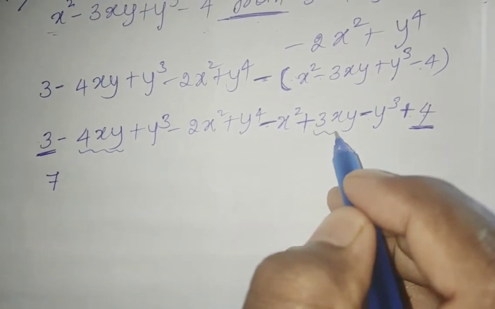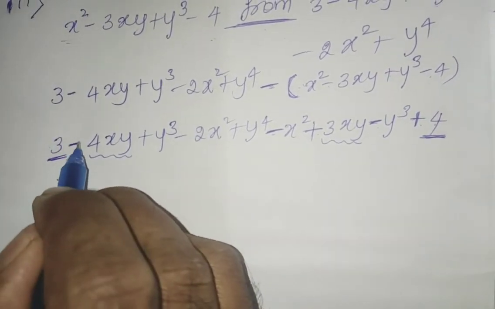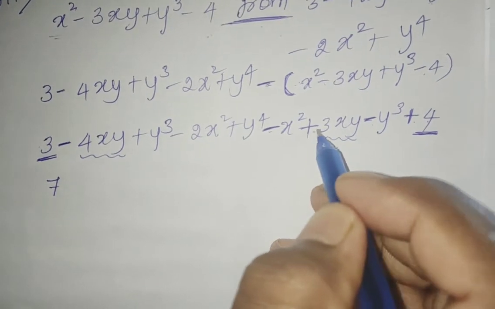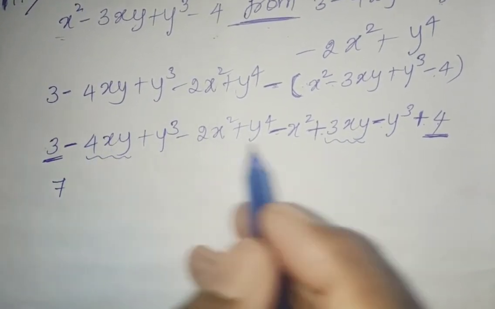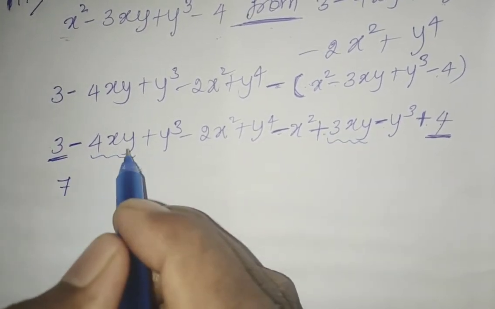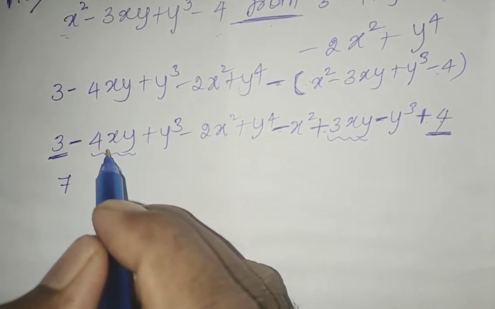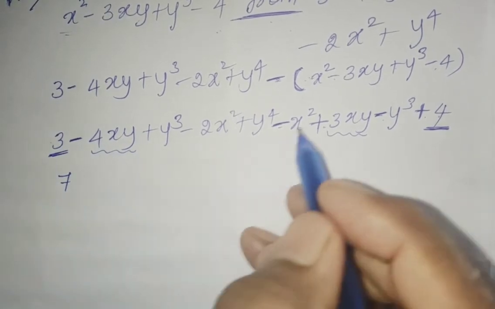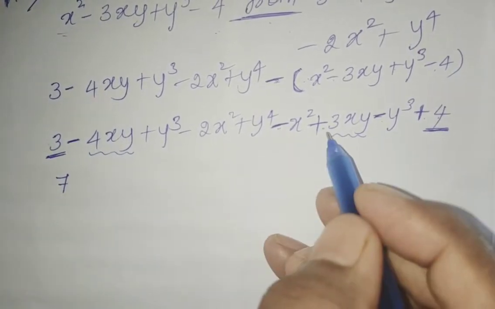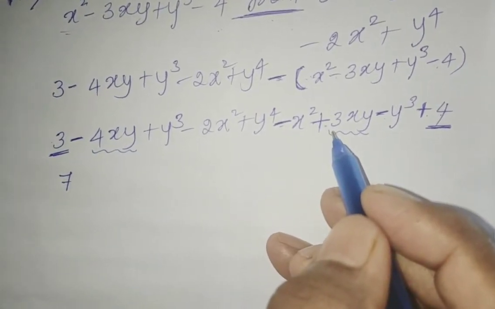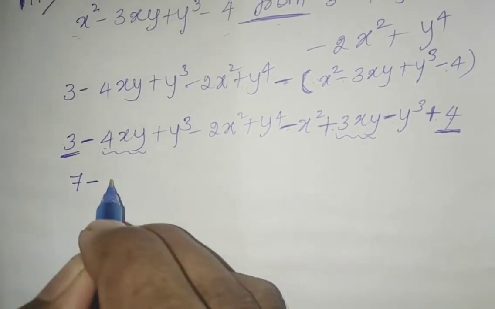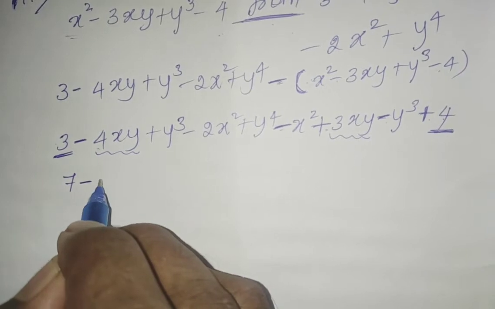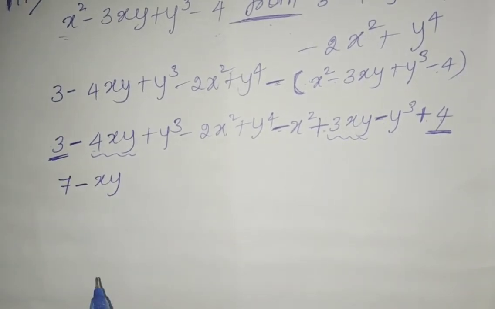Yes, plus 3xy. Minus 4 plus 3. I told you, we need to add or subtract coefficients, not variables. Keep the variables as they are and add or subtract the coefficients. Minus 4 and plus 3, minus 1. Minus 1xy, no need to write 1. Directly you can write minus xy.